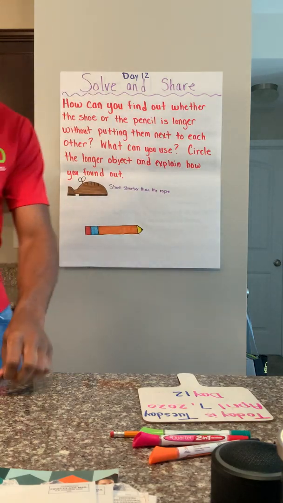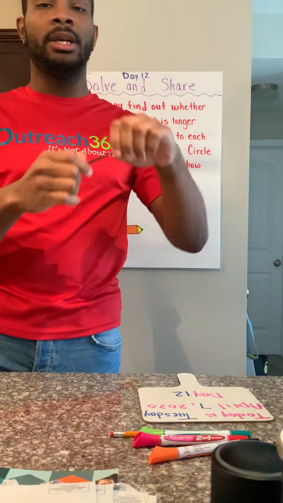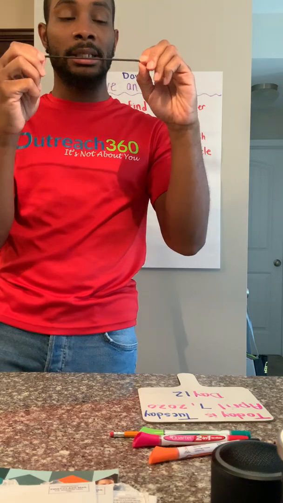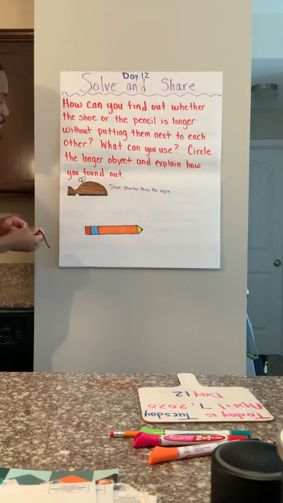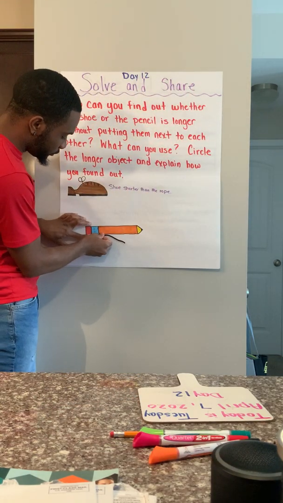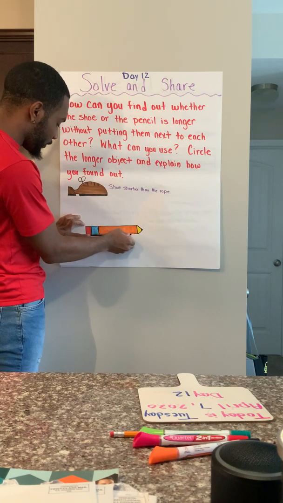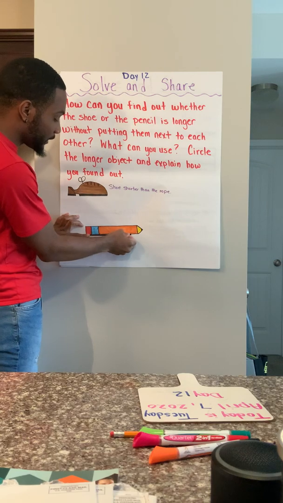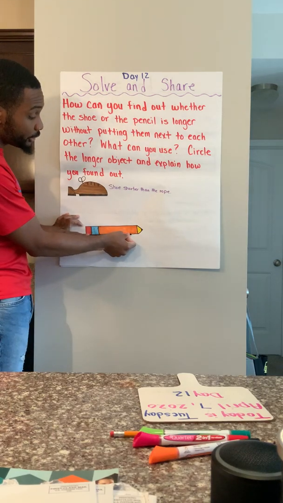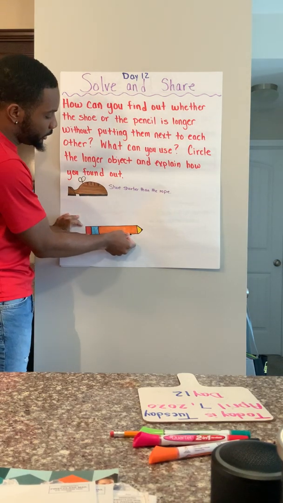Then I'm going to take that same piece of rope and put it underneath the pencil. I start at the beginning, and now I see that the pencil is longer than the rope.